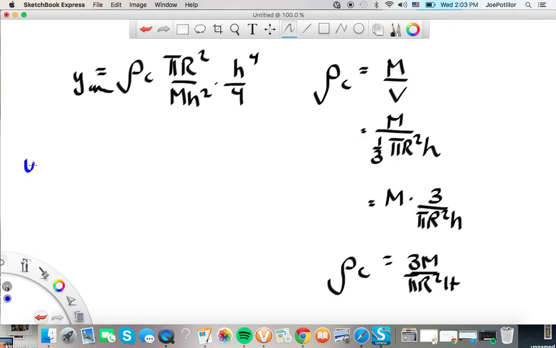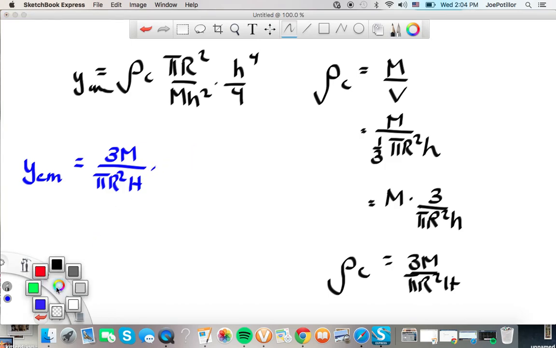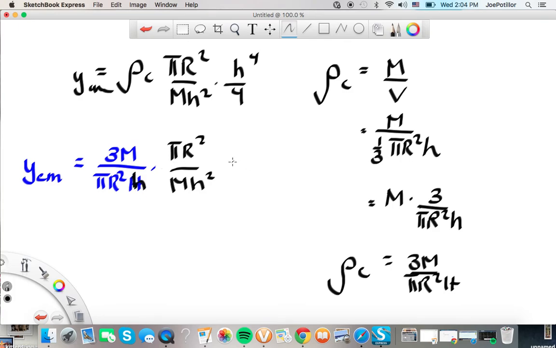So our y center of mass is equal to 3m divided by pi r squared h, times pi r squared divided by m h squared, times h to the 4th over 4.